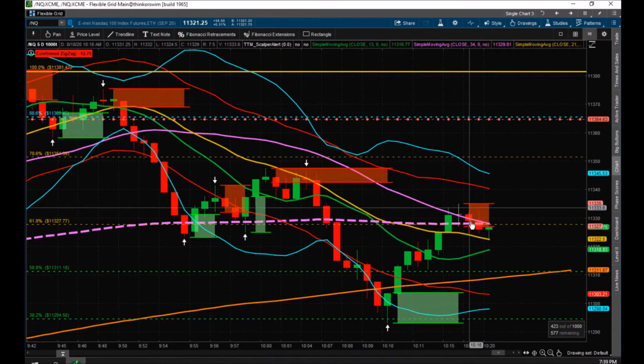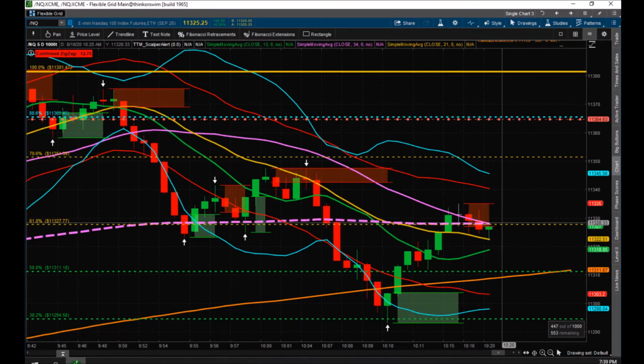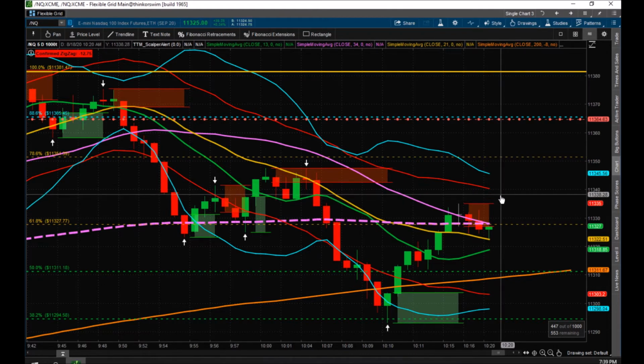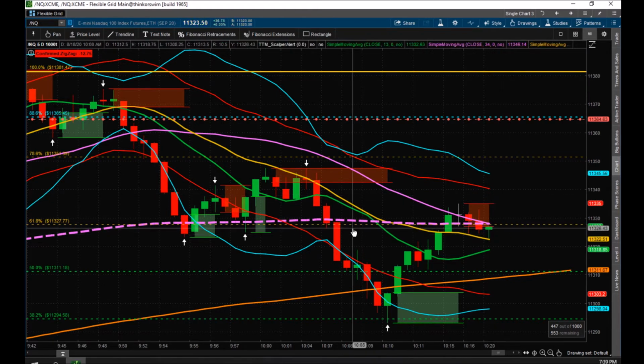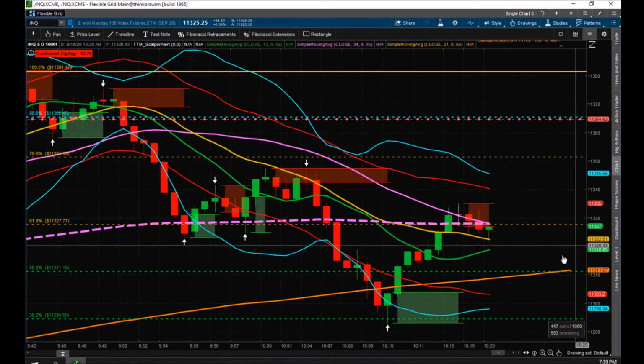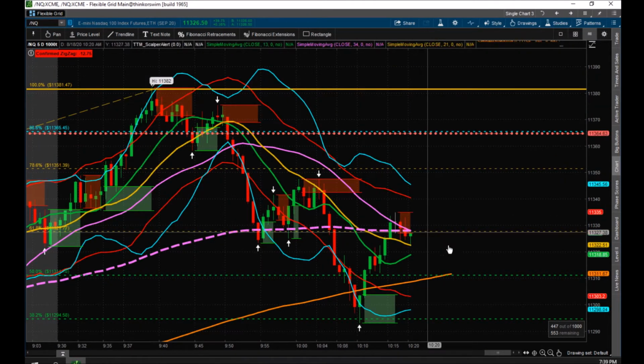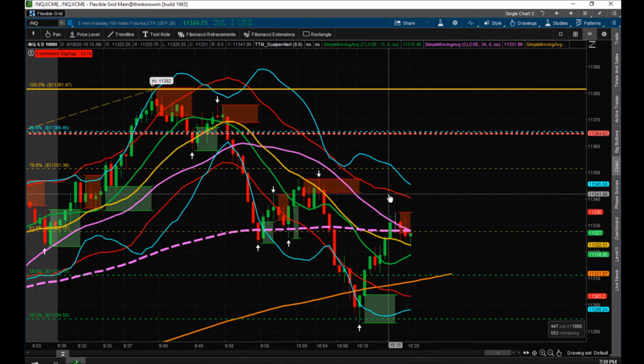The red boxes are basically your resistance levels here. So you could short here, place your stop somewhere up here on top, and hope that it will not get hit. It's fighting on that daily VWAP. The Keltner and the Bollinger Bands are also contracting.